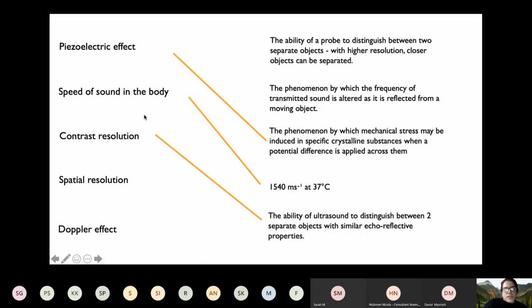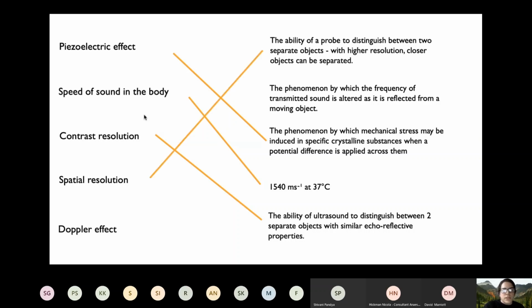Contrast resolution is the ability of an ultrasound to distinguish between two separate objects with similar echo-reflective properties. So if you imagine two tissues that are next to each other but have similar densities, the ability of the ultrasound to tell the difference between them is contrast resolution.